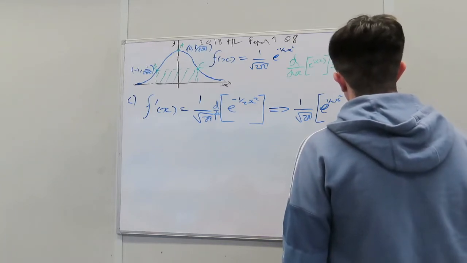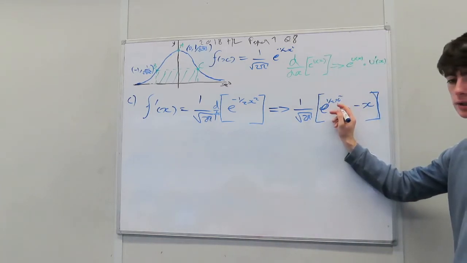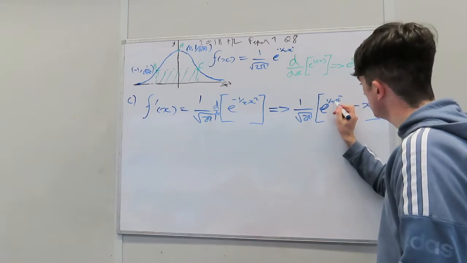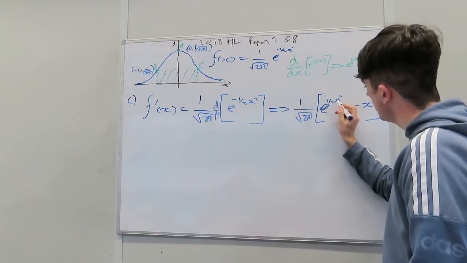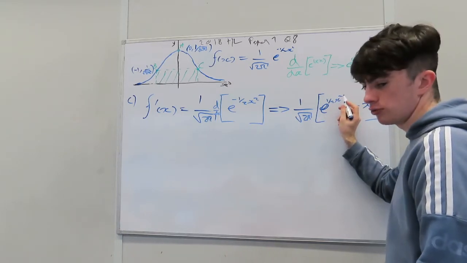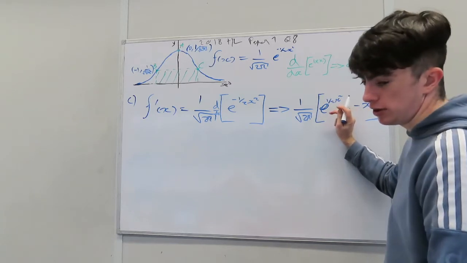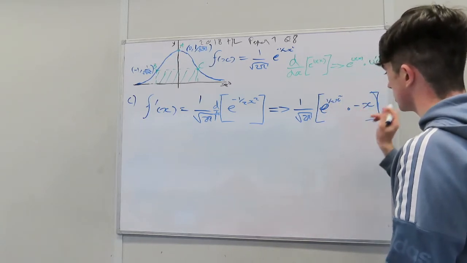Okay, so we differentiate that, and we bring the 2 down, put the 2 in front, and we take 1 from the power, and that takes away the half, so we're just left with negative x.